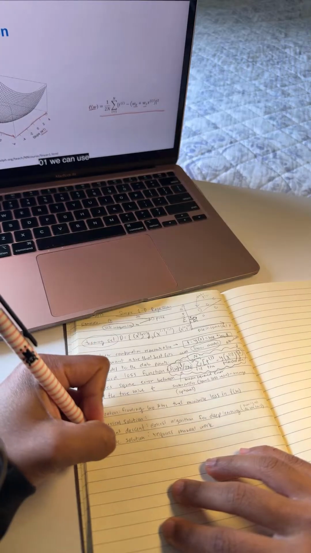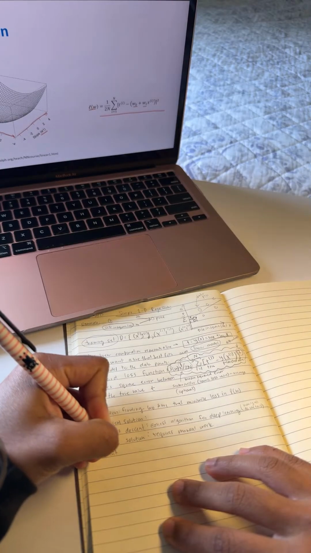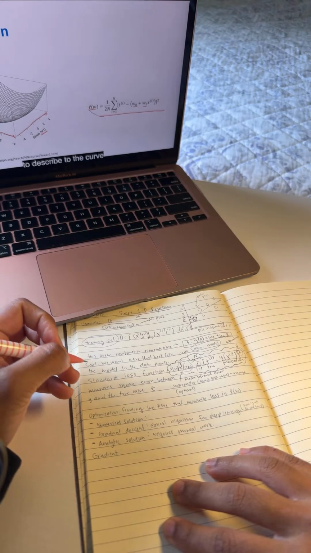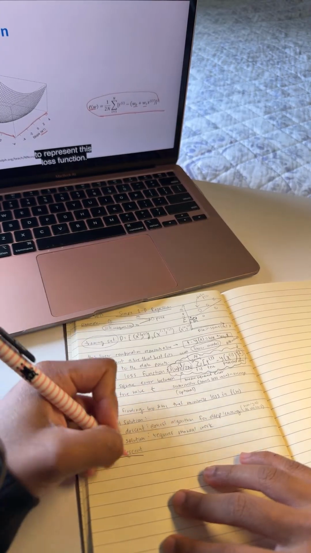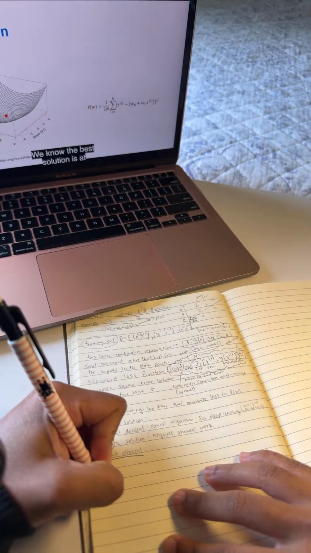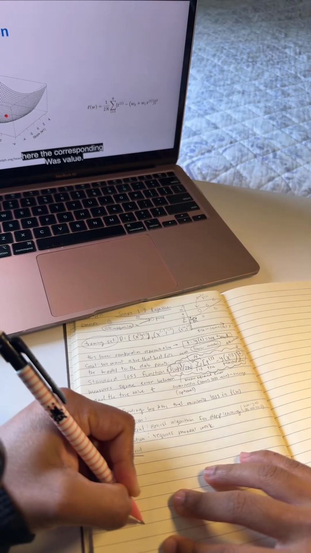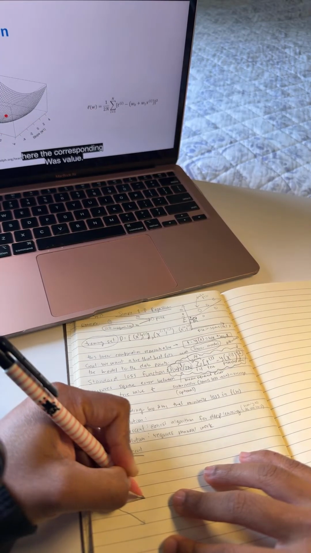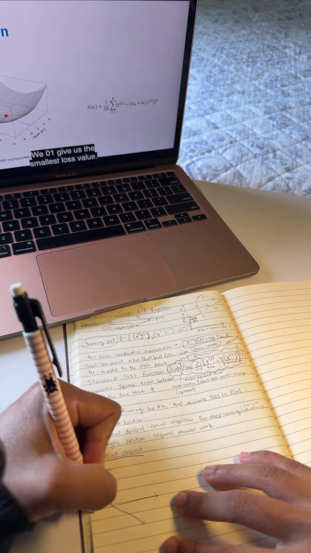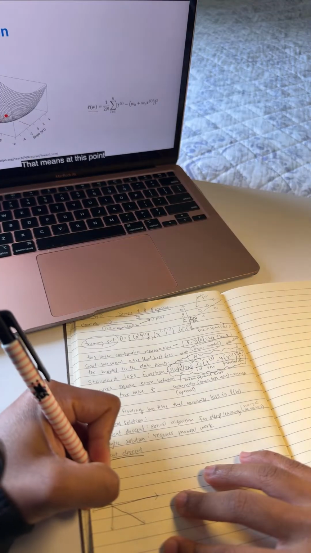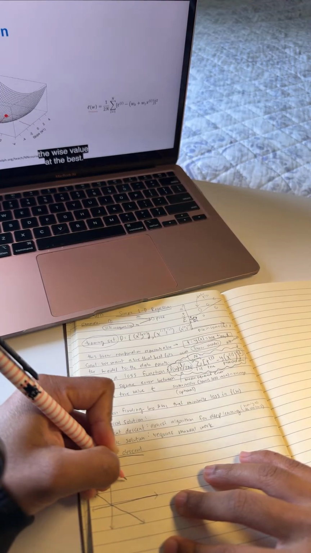We can use this shape to describe this 2D and represent this loss function. We know the best solution is here. So the corresponding weight values W0, W1 give us the smallest loss value. That means at this point the weight values are the best.